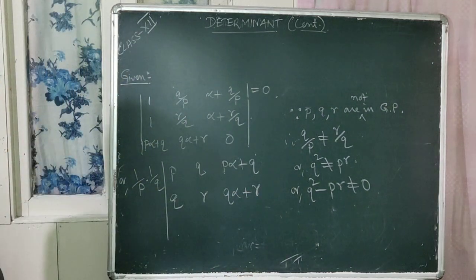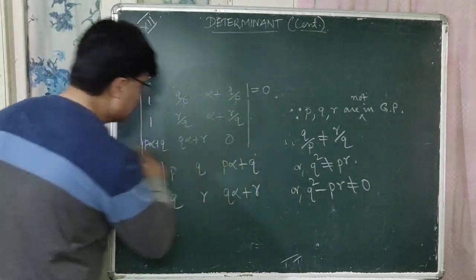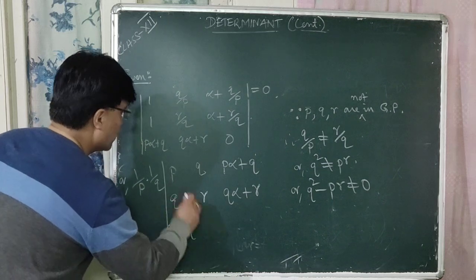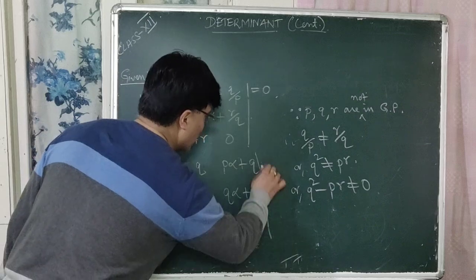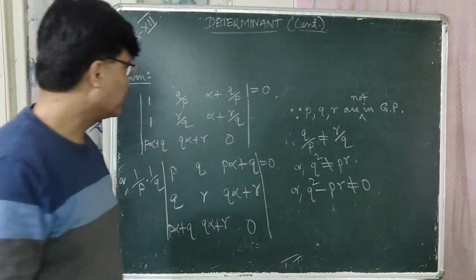So this is the second row. Now the third row remains the same: this is P alpha plus Q, this is Q alpha plus R, and this one is 0, which is equal to 0. Is it clear?